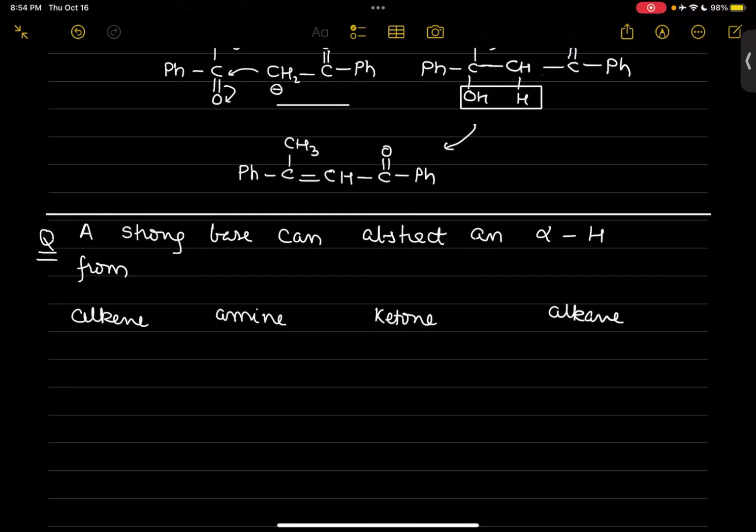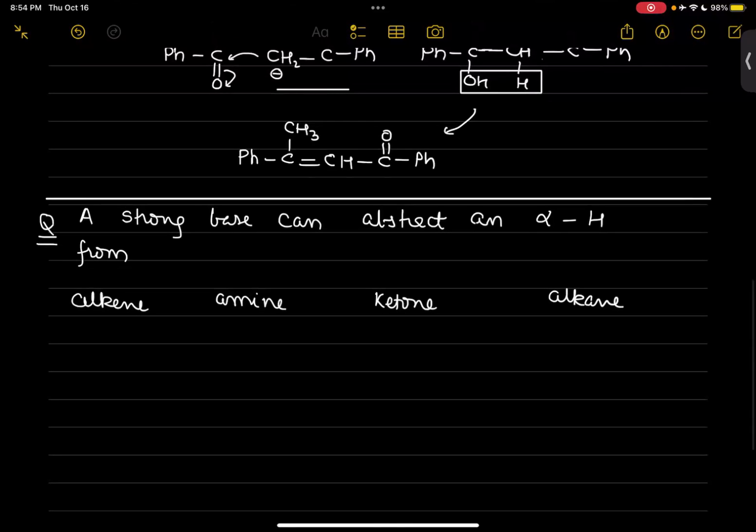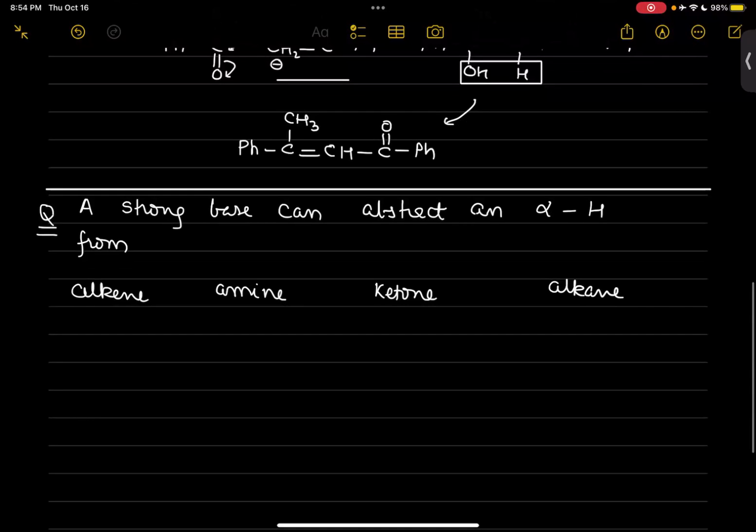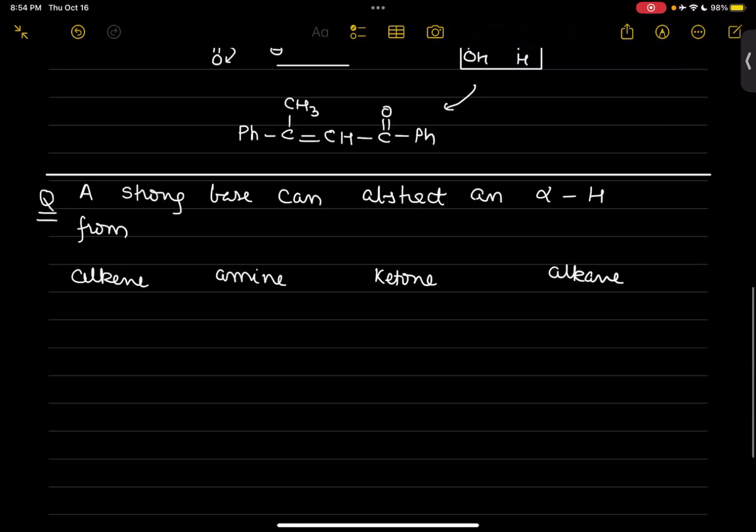Yeah, from where can the alpha hydrogen be removed by a base? Sir, ketone. Hmm? Ketone. Yeah, ketone. Why ketone?